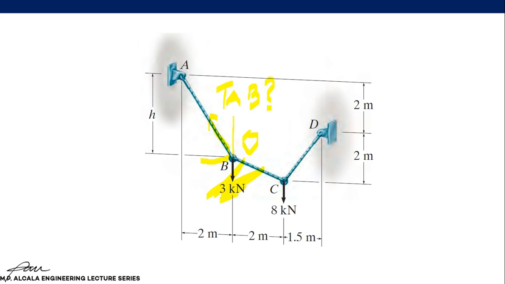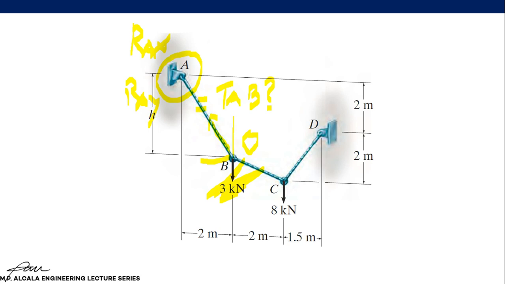Well, essentially, through your method of sections, you can simply transpose these reactions, the reactions at A, RAX and RAY, will be simply the tension at AB, the tension at cable AB.